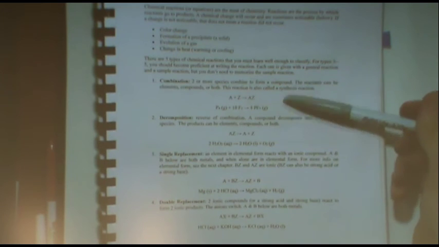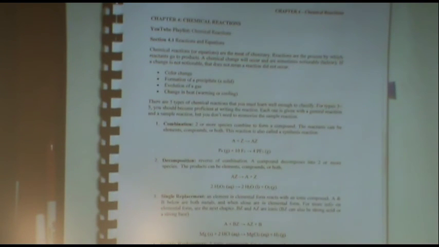The ones that I would focus on, unless you're going for the real A+, but if you're going for A or so, you should be fine with 3, 4, and 5: the single replacement, the double replacement, and the combustion reaction. You should be able to write the products of all of those and balance. Only 3 and 4 would involve net ionic equations, where you have to cancel things out.